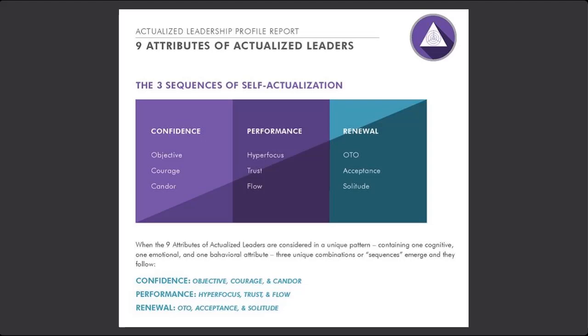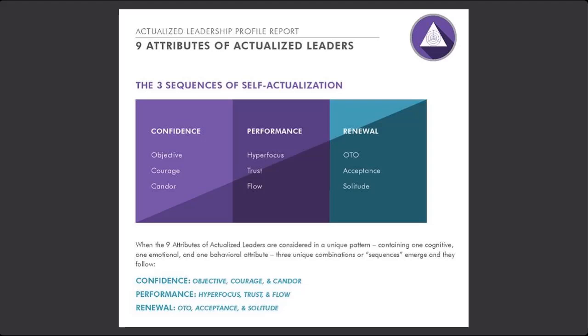The confidence sequence is thinking objectively, feeling courageous, and speaking with candor. When you link one cognitive, one emotional, and one behavioral, you're going to get a score for each of these sequences. Confidence is first. The performance sequence is thinking with hyper-focus, trusting yourself and others, and then performing in what is known as the flow state.